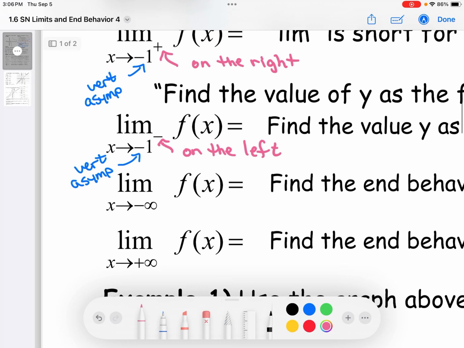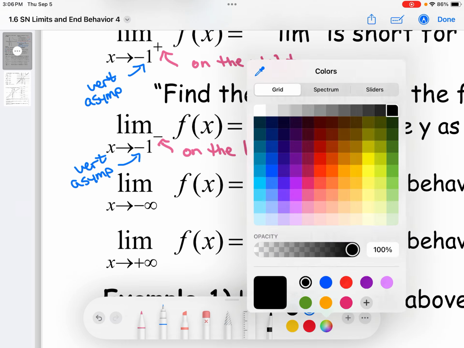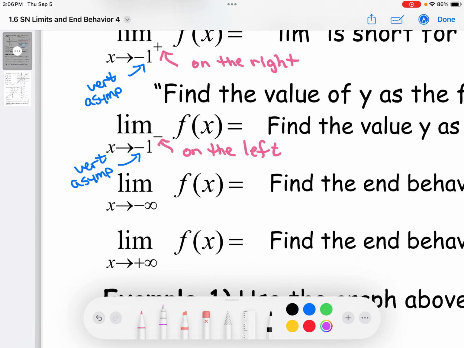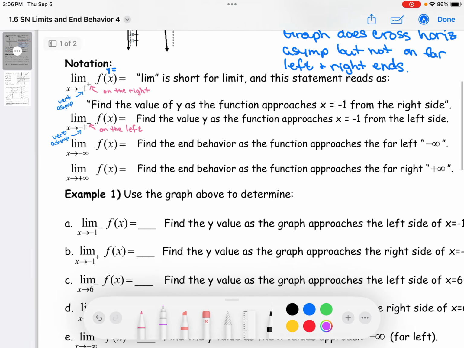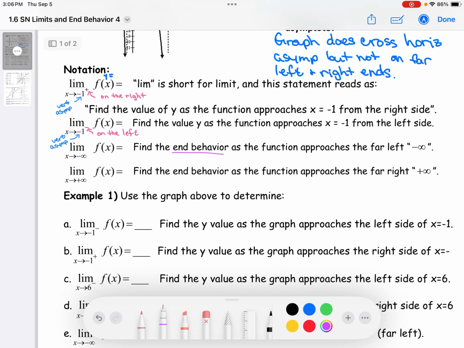If we have a limit with positive and negative infinity, we can find those limits as well. What this means is find the end behavior, the limit, as the function approaches the far left.